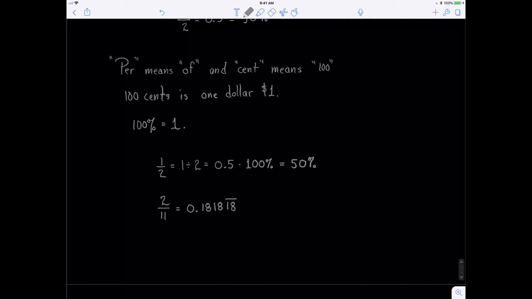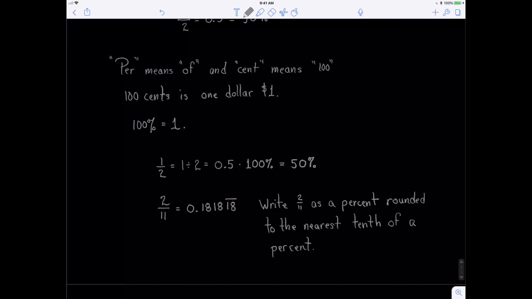Let's write 2/11 as a percent, and let's round it to the nearest, how about a 1/10 of a percent?